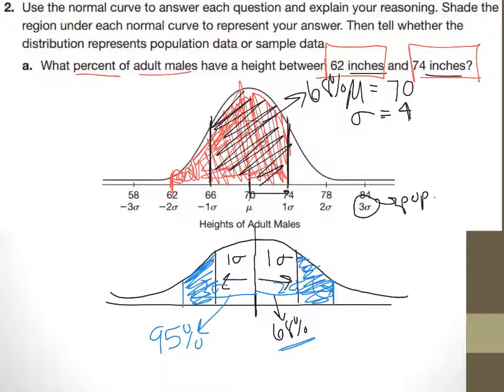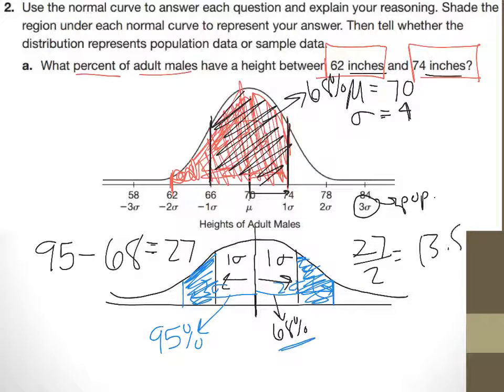Like we did in the last example, we take 95 minus 68 to get 27. Again, I'm only looking at half of that amount, because this blue area and this blue area together would be this 27. So I need to take 27 divided by 2 to get 13.5. So this red area right here must be equal to 13.5%.